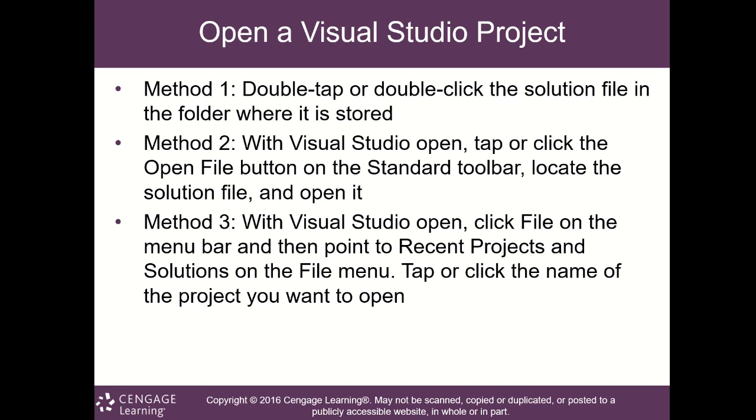I mean, locate it on your Windows desktop or your folder, File Explorer. Go to the folder where you have the SLN or solution file and double click, or you open the Visual Studio and then open the file button and then locate the solution file and open it.